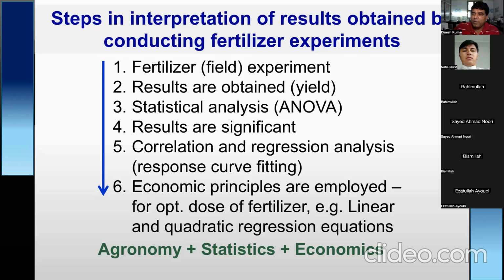You have data on input, you have data on output. Then we go for correlation and regression analysis. If our results of F-test or ANOVA are non-significant, meaning the calculated value of F is less than the table value, then we cannot do further analysis. We stop here.